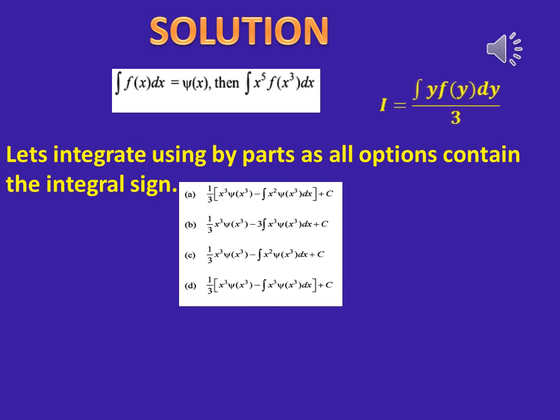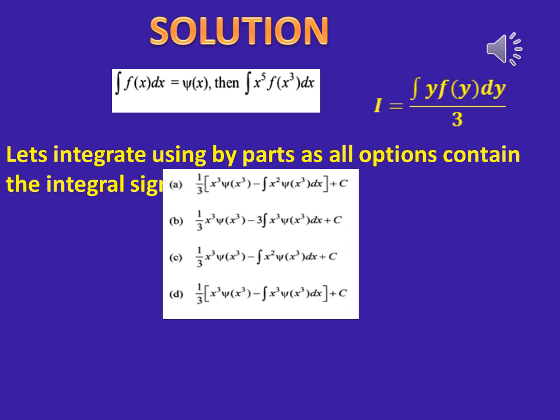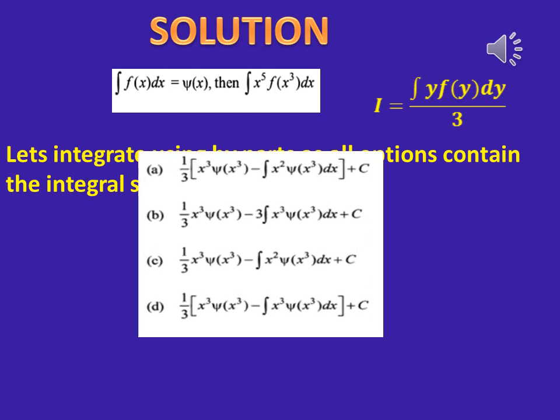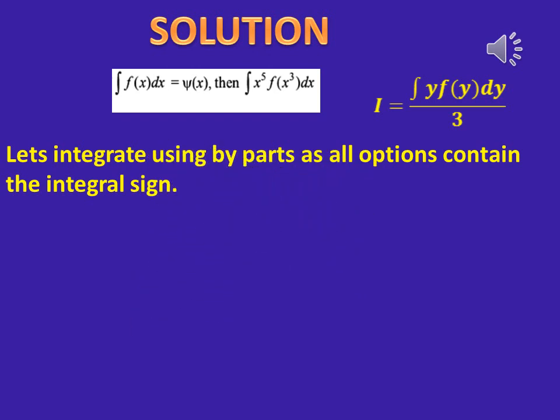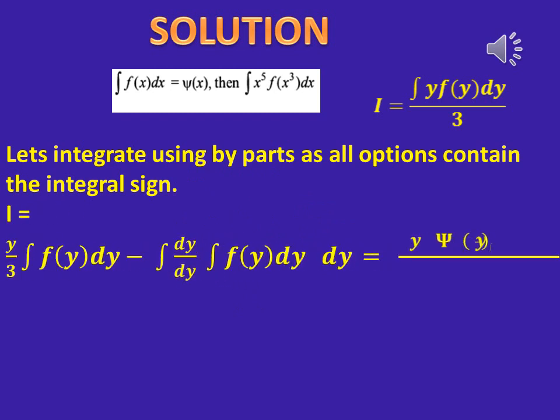Since we got the result as the integral of the product of y and f of y, also all of the options in the question have the integral sign, and we know if we use the by parts formula we get another integral sign. So let's do that. After by parts, replace the integral of f of y dy with psi of y.